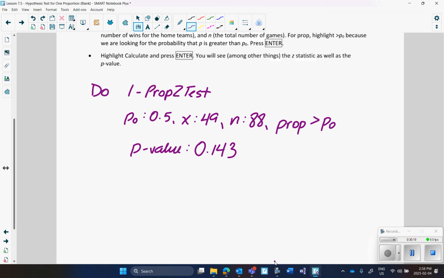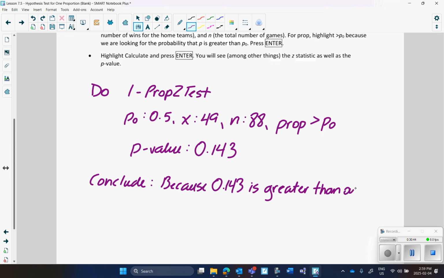So now the conclude is to compare your P value against your alpha value. So because 0.143, the P value, is greater than our alpha value, which remember was 0.05, that means our result is not unusual.